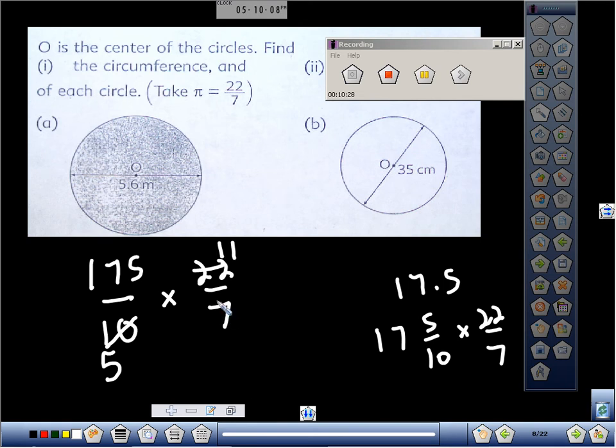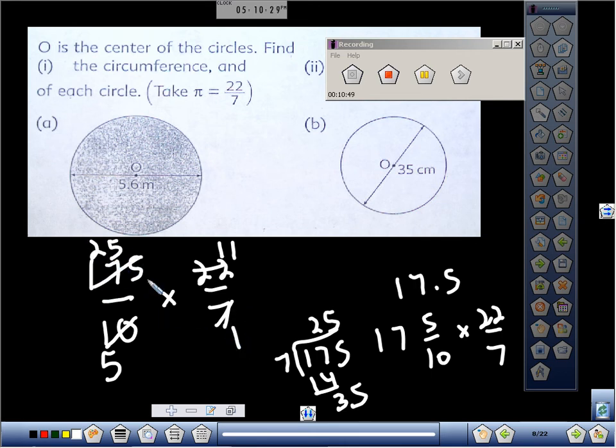My guess is that 7 is not going to go into 175, but we'll try it. 7 into 175. 7 goes in this 2 times, which is 14. Oh, hello. It goes in 25 times. So 7 goes into 7 once. 7 goes into this 25 times.